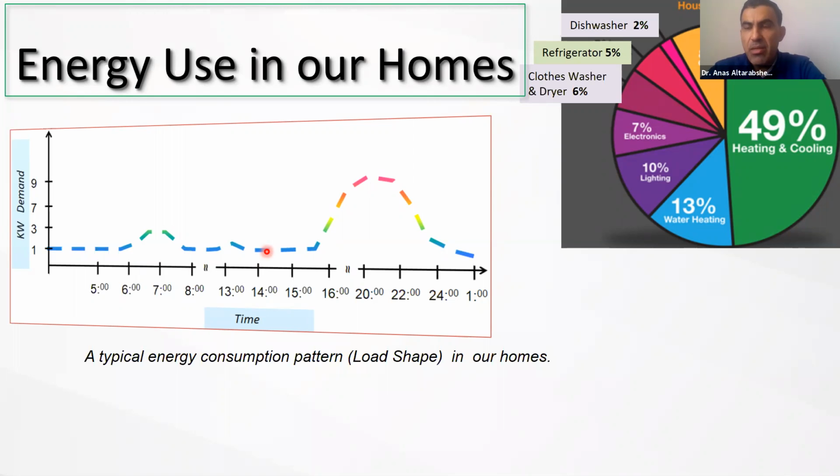As a matter of fact, here, about 50% of the consumption goes to heating and cooling, while 13% goes to water heating, 10% for lighting, 7% for electronics, 6% for the clothes washer, 5% for the refrigerators, 2% for the dishwashers, and 8% for other.